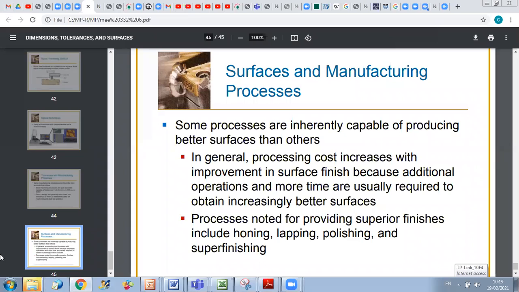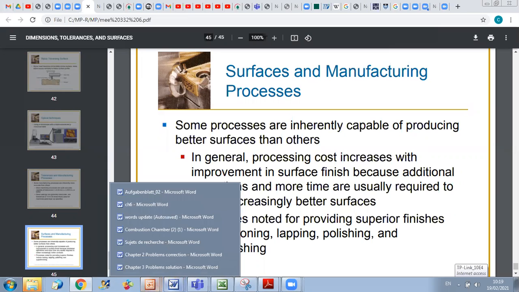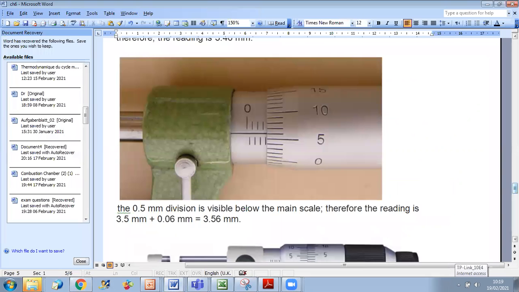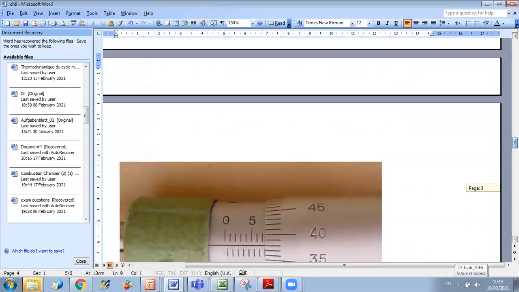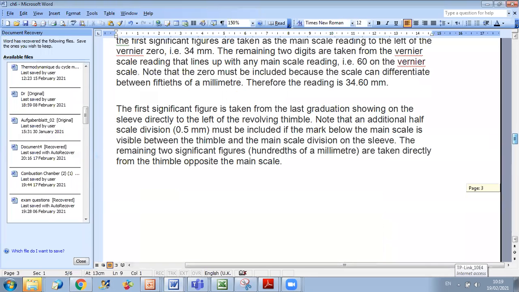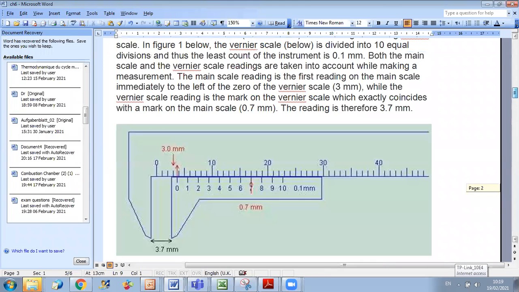So now I will start with a new document for measurement using linear scale and rotary Vernier scale. I will post the document for you on Blackboard. You have seen in the videos how to read these Vernier scales, and I will repeat this to highlight the idea more.